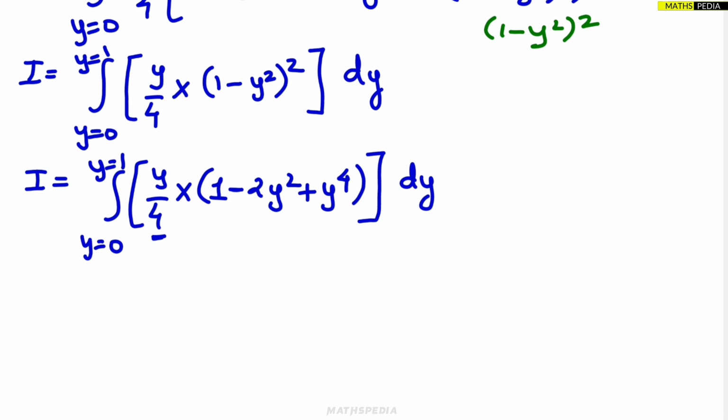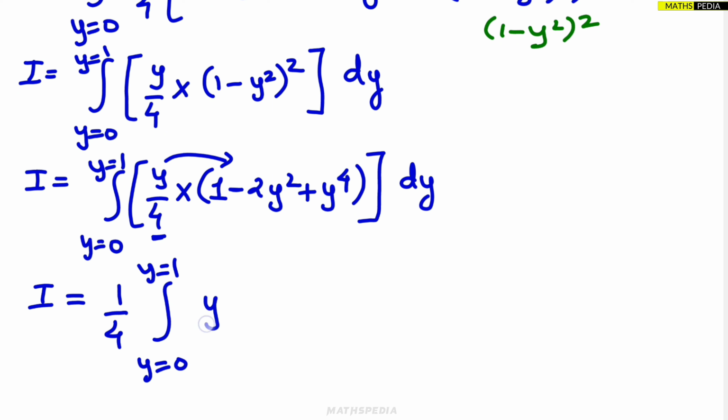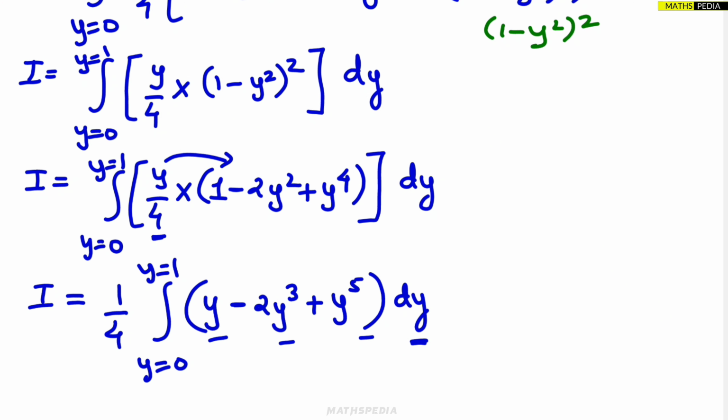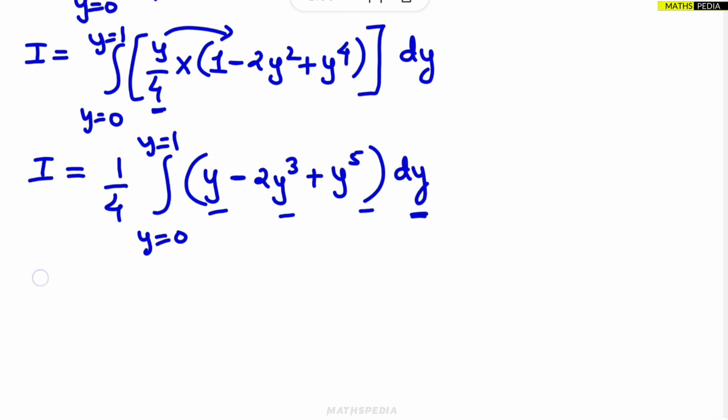This 4 is a constant, so take it outside. So I is equal to 1 by 4, the integration of y equal to 0 to 1 of y minus 2y cube plus y power 5 dy. Now we are going for the integration. With respect to y, all the variables are in y itself, so we can do direct integration.